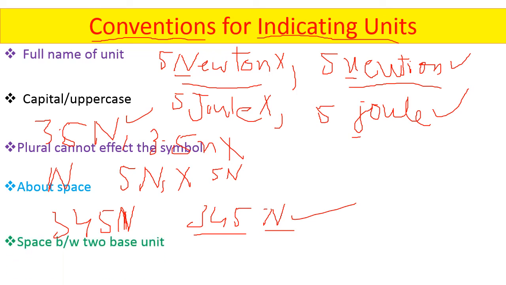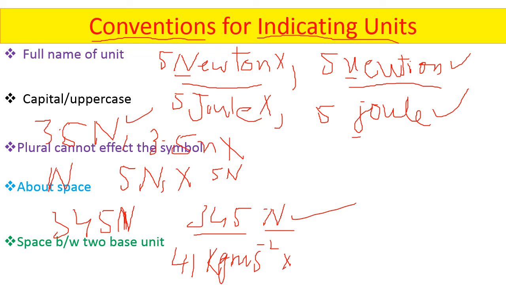The next convention is space between two base units. There is always a space between two base units. For example, if we write like this, 41 kgm/s squared, that will be incorrect.